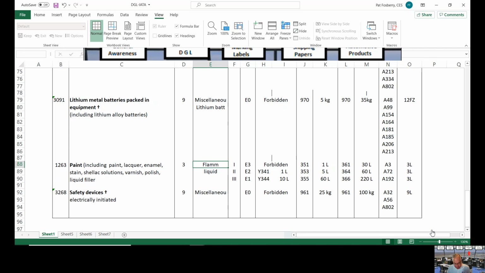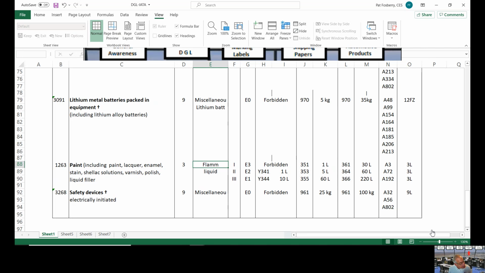Then we've got operator variations, and that's right after the state variations. You've got different airlines that may say there are certain rules for these particular things. On there, we've got AM09, and AM is Aero Mexico. So if you are air freighting any of these goods to Mexico, you go find out what AM09 is.